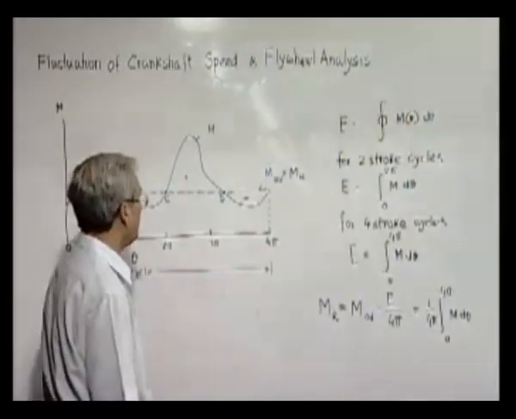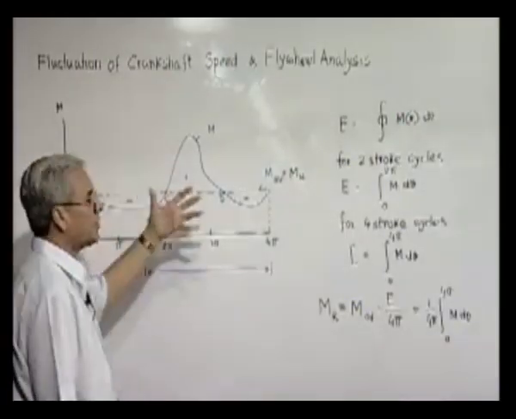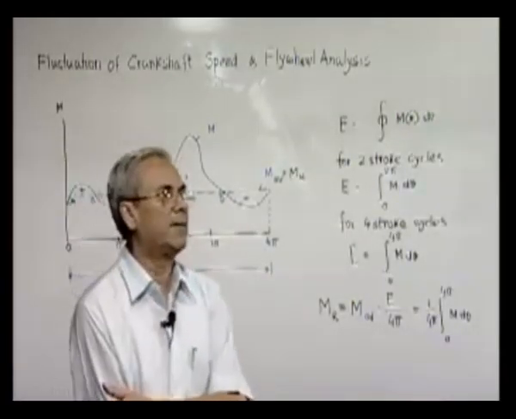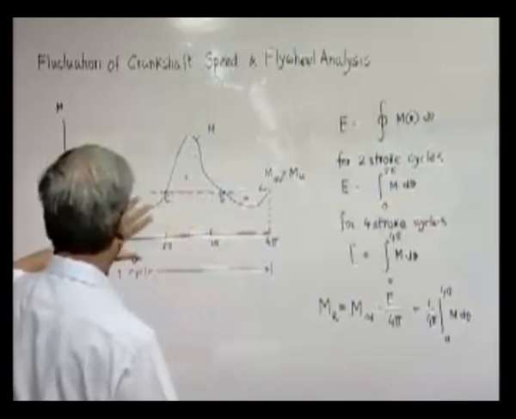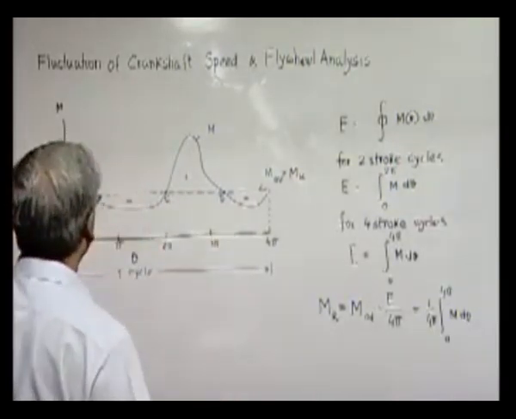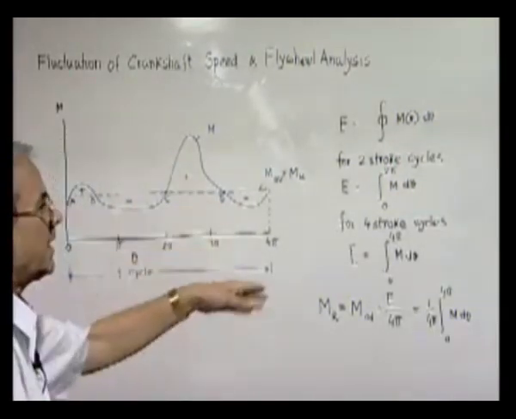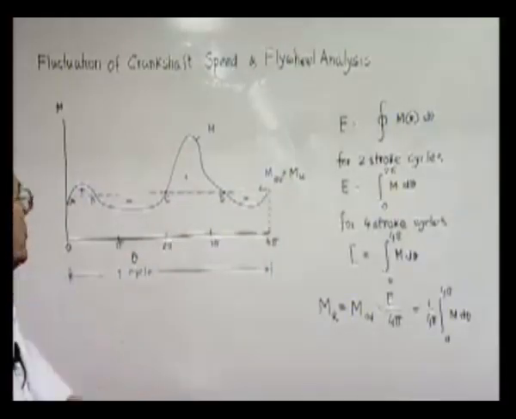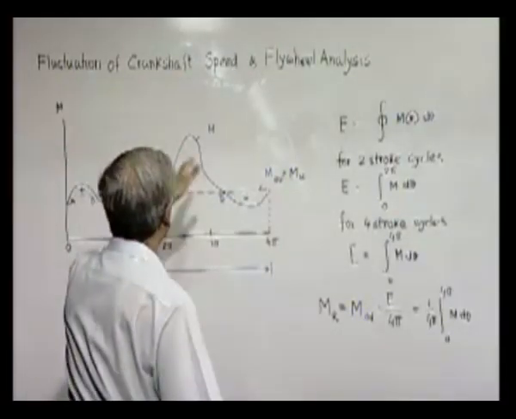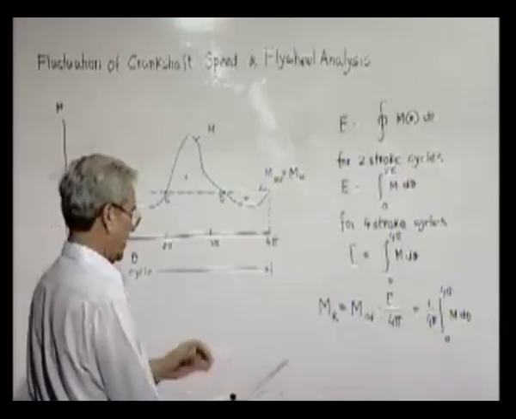If there are more cylinders, then the turning moment of each and every cylinder will have to be added by suitably phasing them, and the final turning moment diagram can have many more loops than what we have here with only one cylinder.